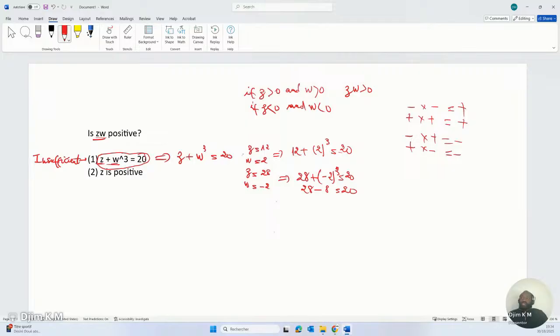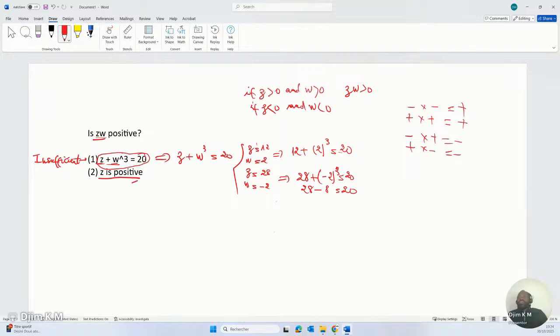The second condition only says that z is positive. If we take the same example here, z is positive. If z is positive, w can have any kind of sign.